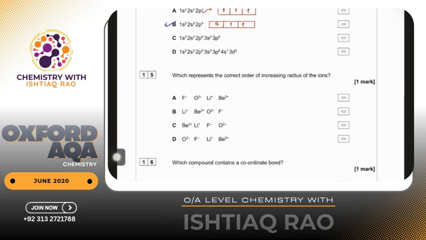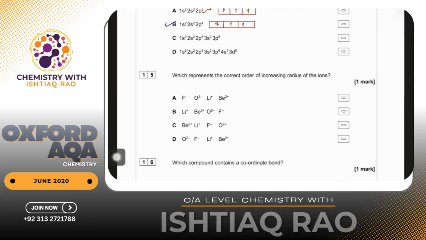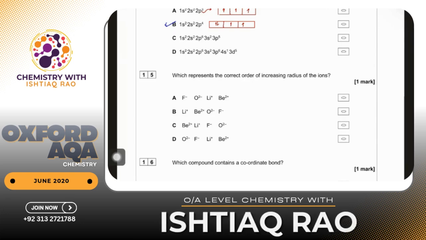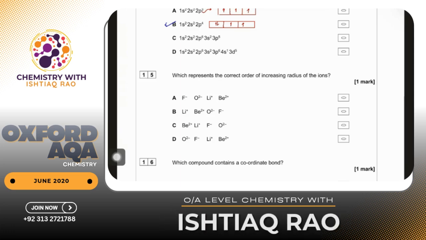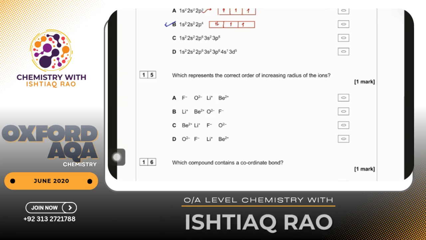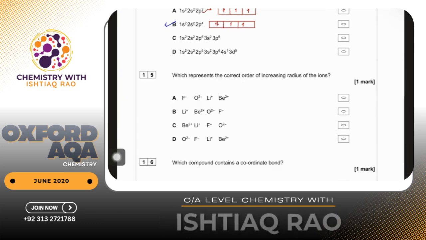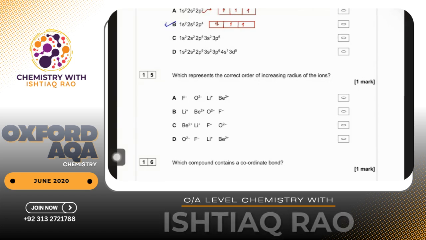So on the right hand side, there is going to be a smaller radius compared to the left hand side. And when you go down the group, the radius also increases. So chlorine. So A is wrong.